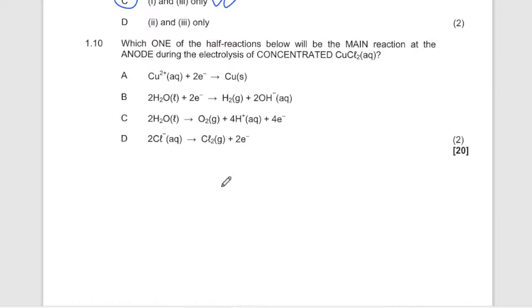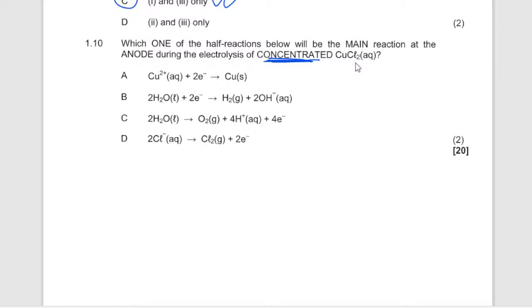Then 10. They're saying which one of the following equations will be the main reaction at the anode during the electrolysis of concentrated. Now this word, that's why they even put it in capital letters. The moment they say concentrated copper chloride, it means we are looking at something like molten copper chloride.